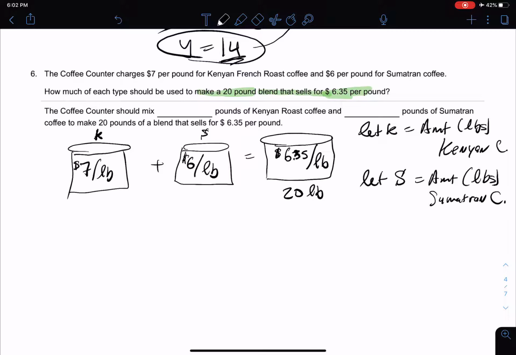You do want to put that down because, like I said before, it can be confusing. What is K standing for? Is it the price per pound of the Kenyan coffee, the total pounds, the total value of that one canister? No, it's just the amount in pounds of the Kenyan coffee needed to make this blend. So it's K here, and S here is the amount.